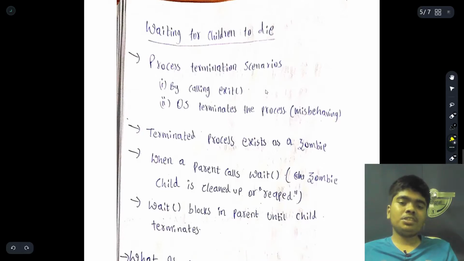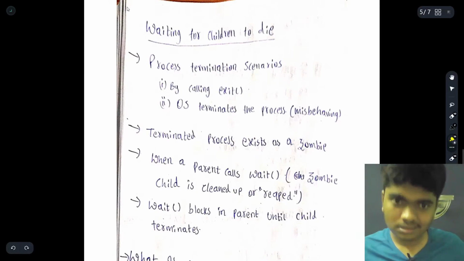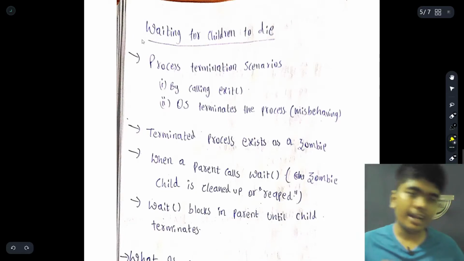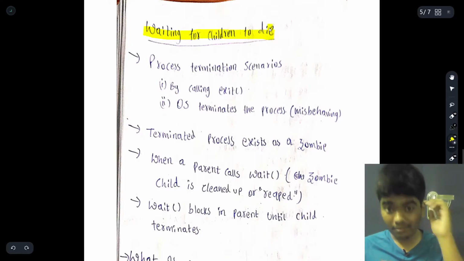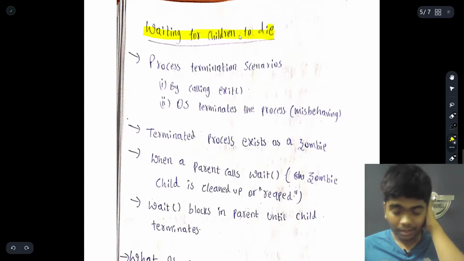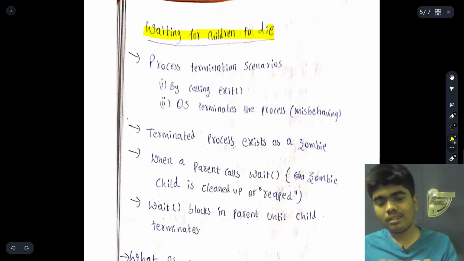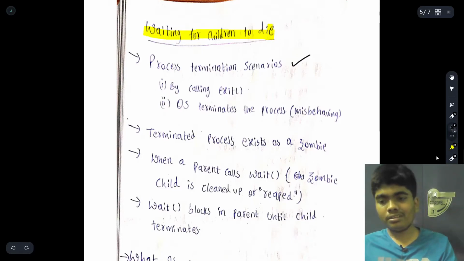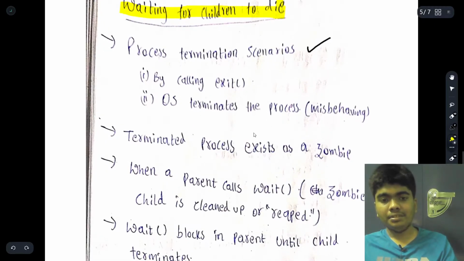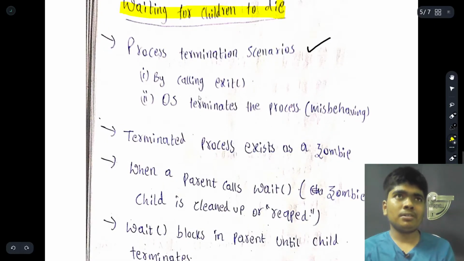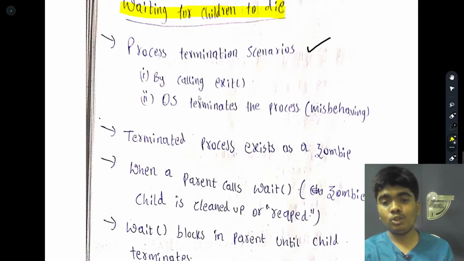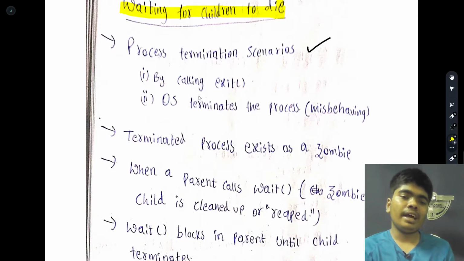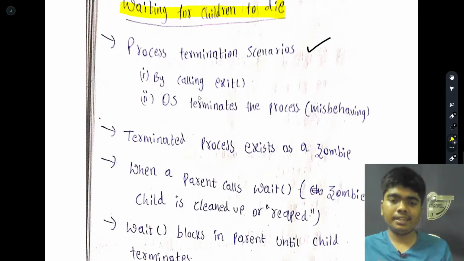Now, waiting for the child to die. This title is something mysterious, so don't panic. It states process termination scenarios, which we will learn in this concept. Generally a process gets terminated in two ways. First, by calling exit, then the process gets terminated.